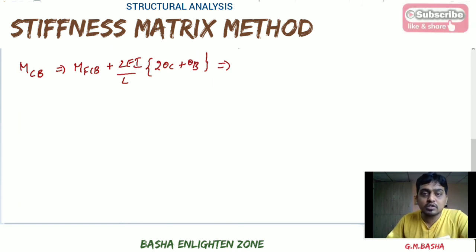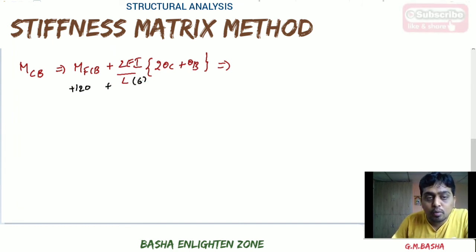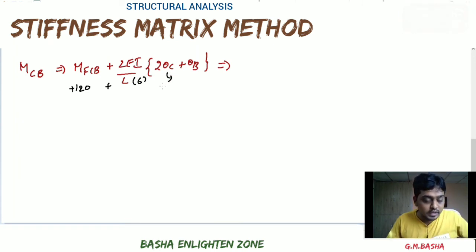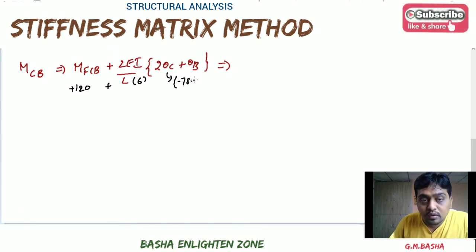So I am giving the values here directly. You please take down those values. This one will be plus 120 and plus 2EI by length of the span, which will be 6 meters, so 2 by 6 into, what about theta C? Already I told you, 2 into theta C value will be equal to minus 78.261.